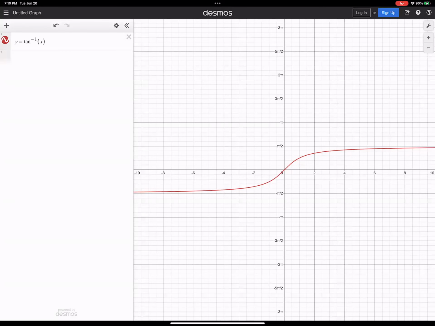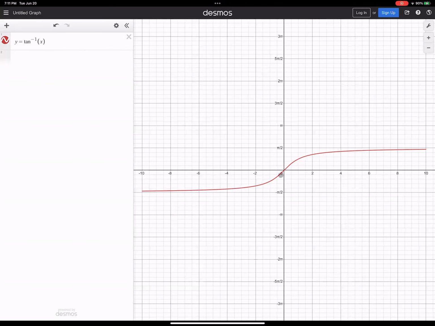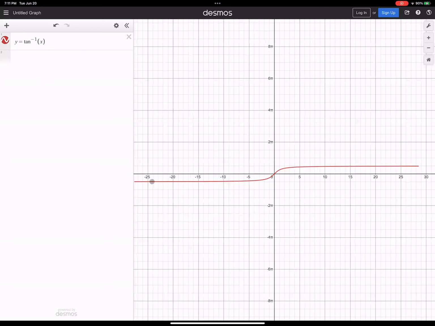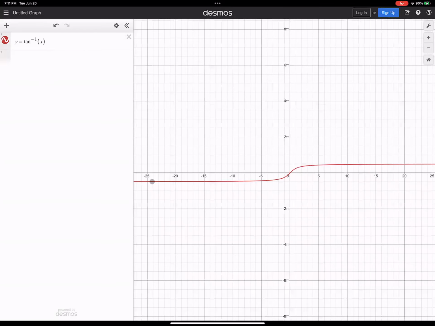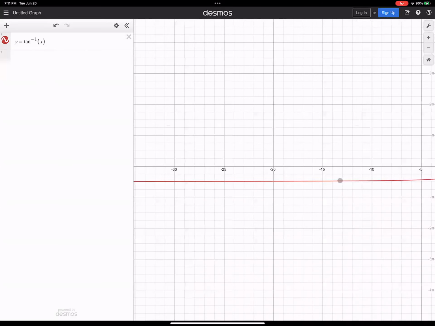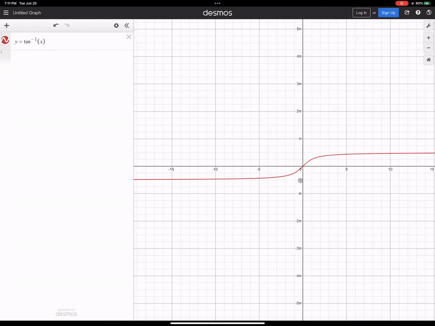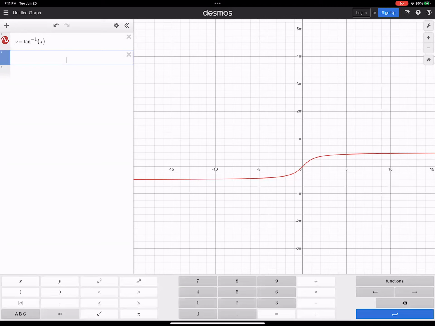So this here is the graph of tangent inverse of x. As we go further and further towards negative infinity, we get really close to whatever this line is. Let's grab this and see where it is. It looks like it's pi halves, but just to make sure, let's say y equals pi over 2.